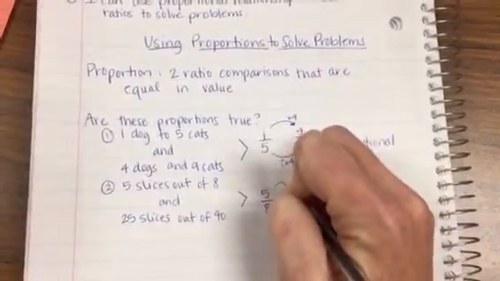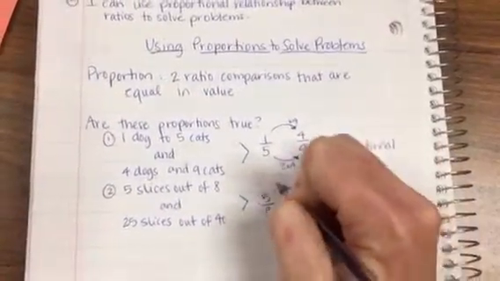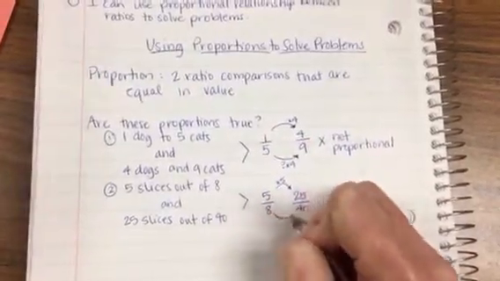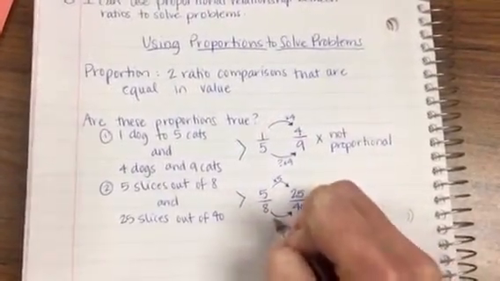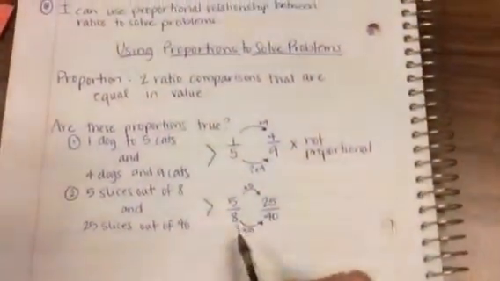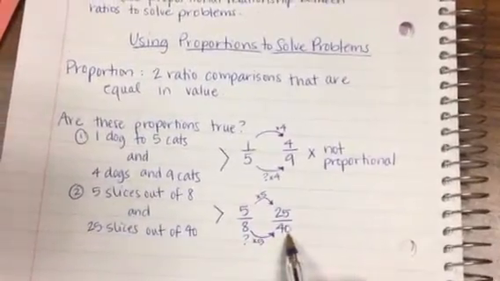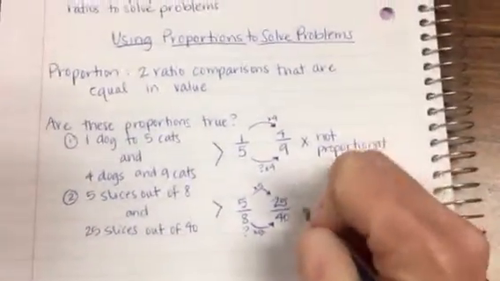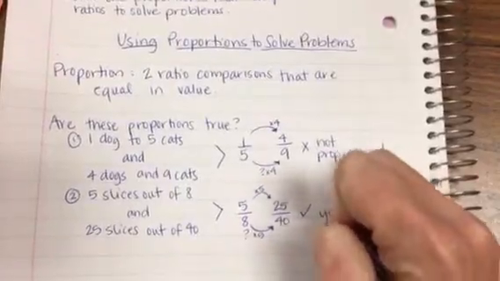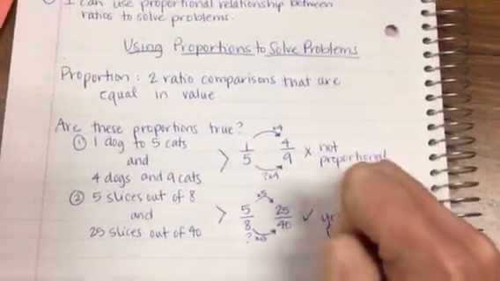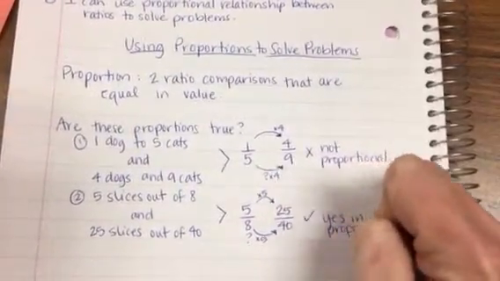So we're looking for a comparison here, and we know that that is times 5. So if this one is truly in proportion, and the lights went off. There they are. If this one is truly in proportion, then 8 times 5 should give me 40, and that does in fact give me 40, so that means that these are in proportion, or they are proportional.